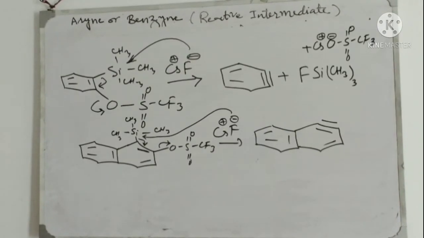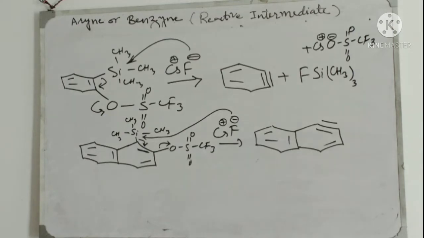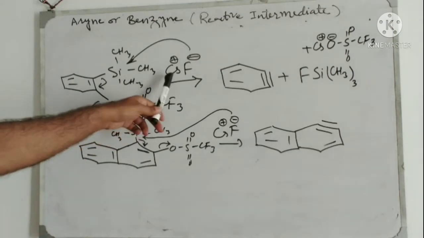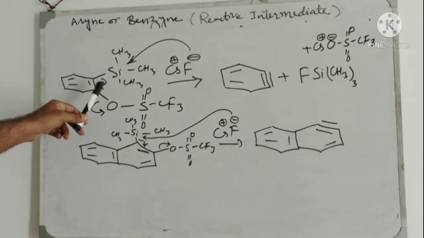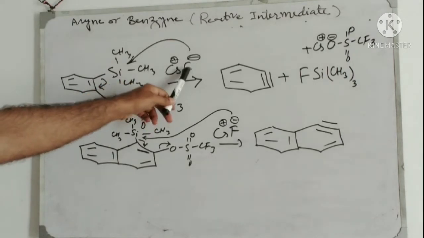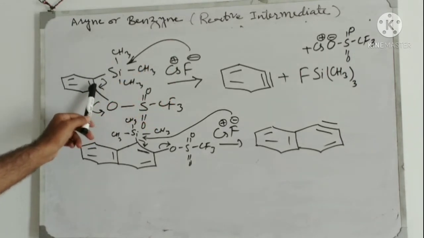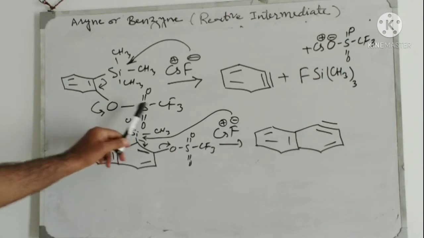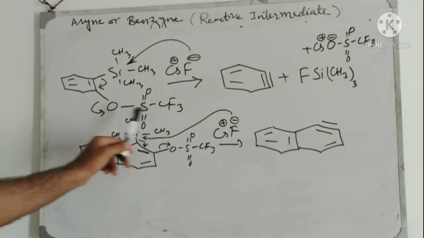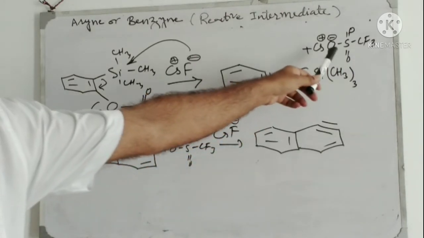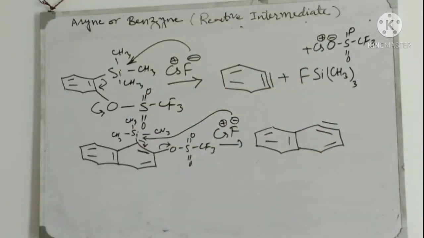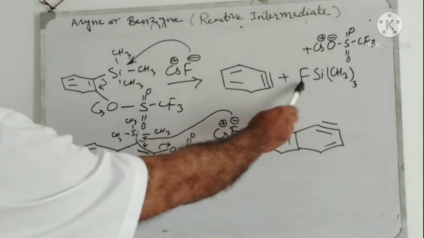So this is another method in which 2-trimethylsilyl phenyl triflate is used in the presence of cesium fluoride. In this method, the fluoride ion attacks this trimethylsilyl, and then the two electrons shift here, and then this trifluoromethyl sulfonyl is eliminated to generate this ortho-benzyne intermediate, along with cesium triflate and trimethylsilyl fluoride.